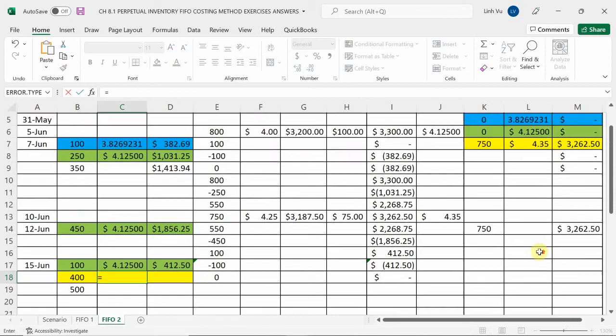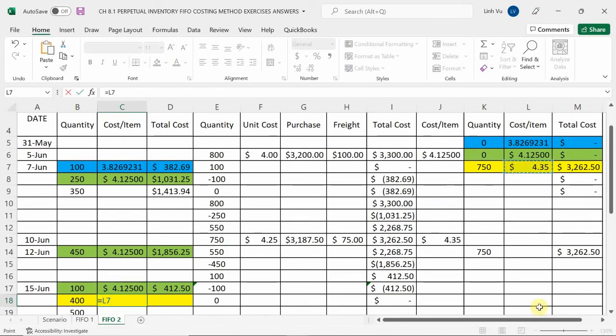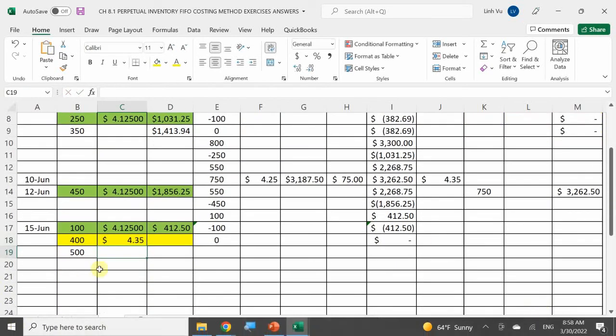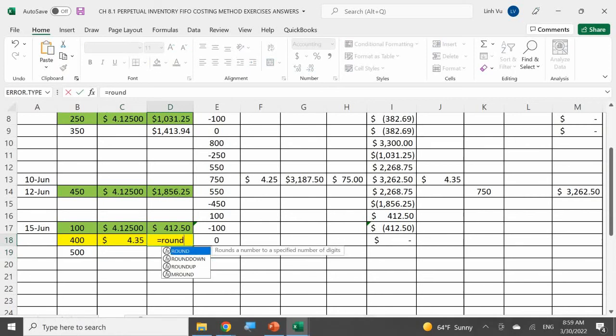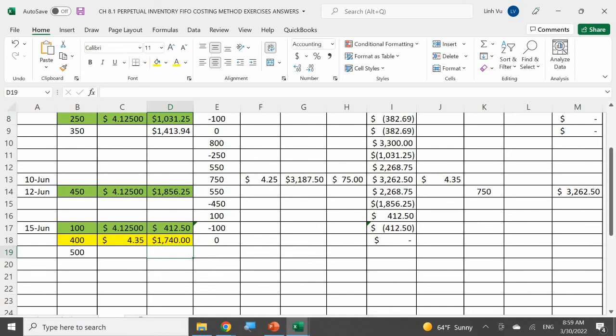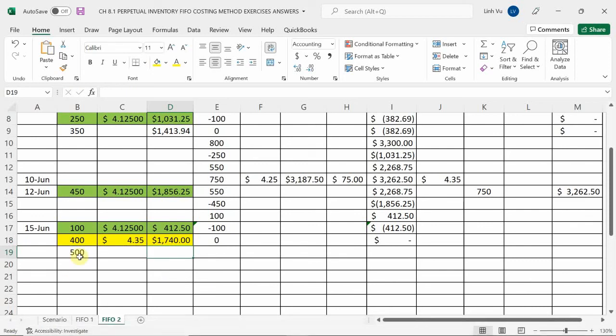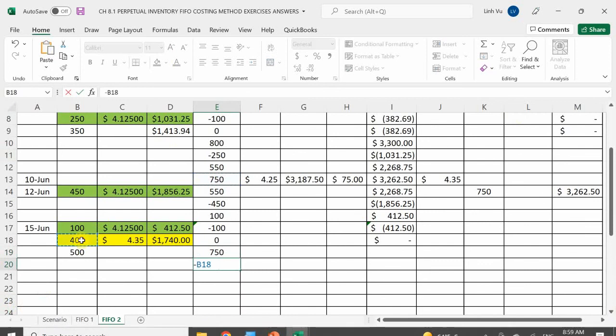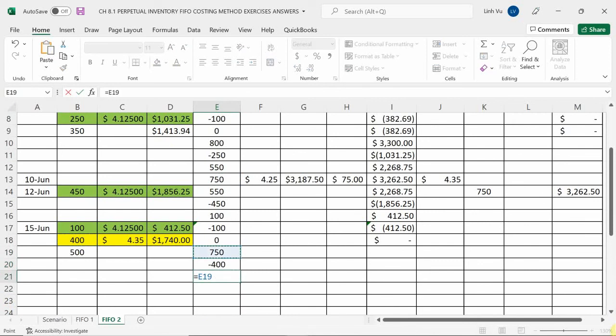If I sell 400 units at $4.35 each, what is my total cost of goods sold? $1,740. Okay, good. So in this case, we're going to take my 750. We just sold 400, so I should have 350 left. Okay.